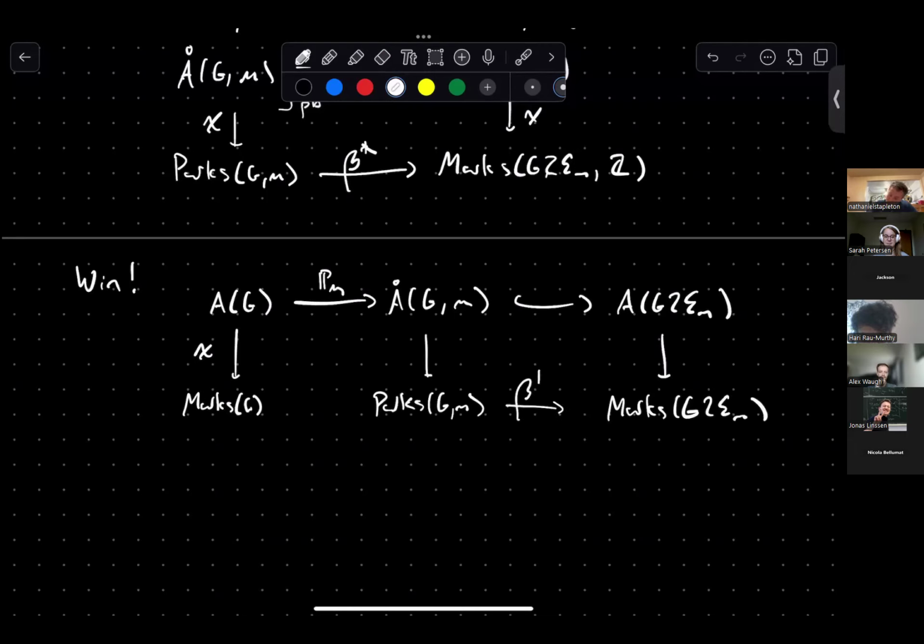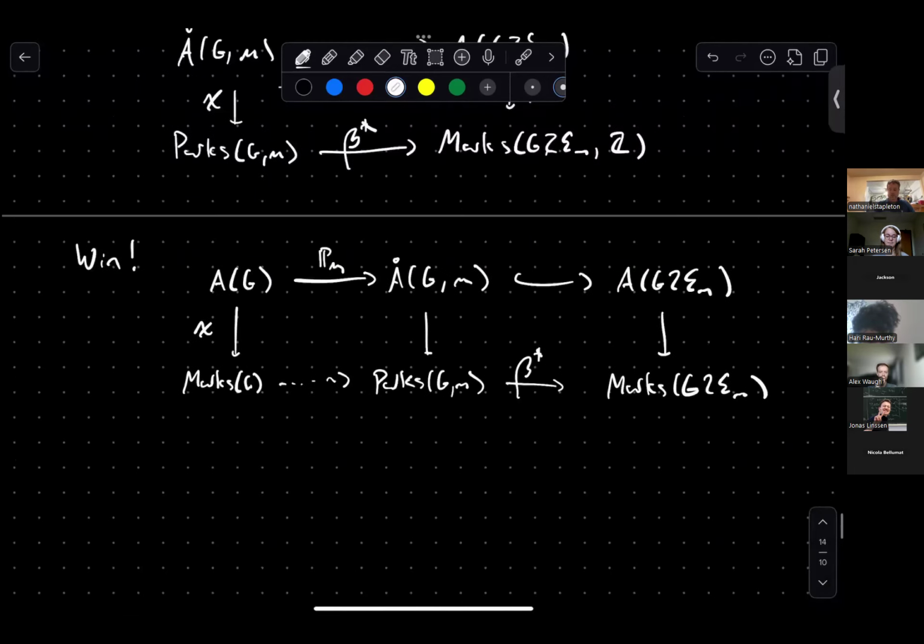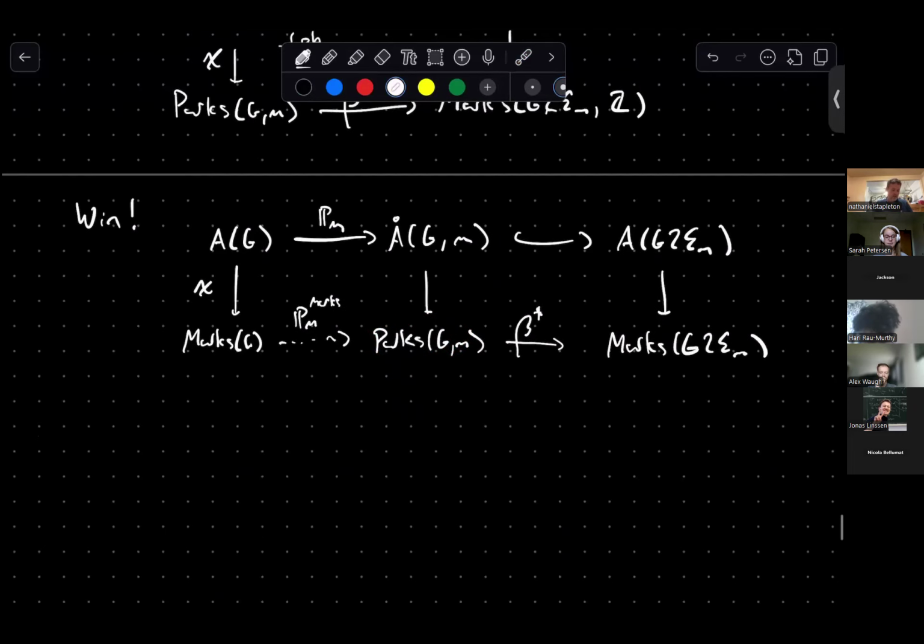This is beta star. And what you would like is a formula down here. Maybe I'll call this P^M Marks, from Marks of G to Parks of G comma M. And this is not hard to write down now because on this side, we have this very combinatorial basis. And we can write down a formula just like before.